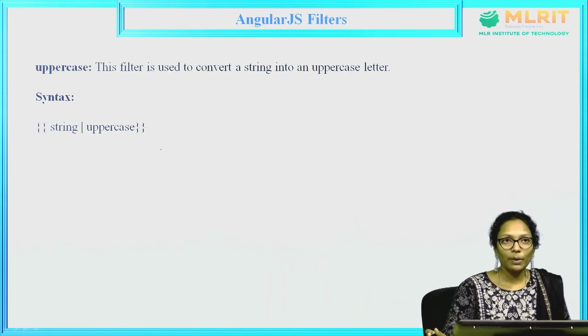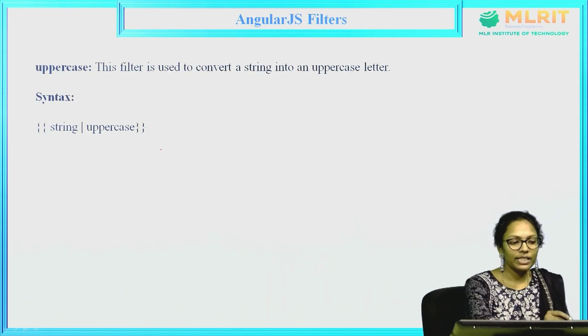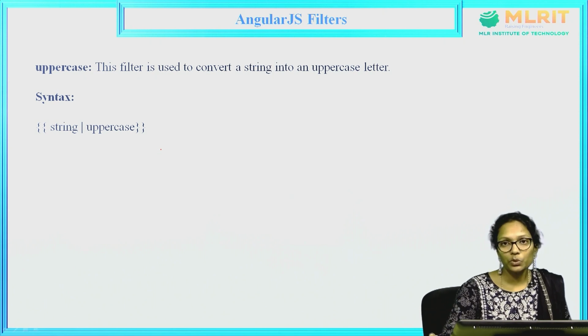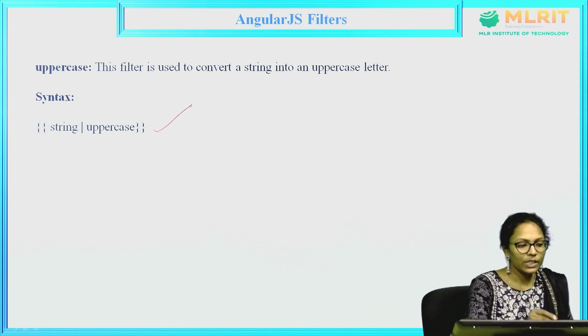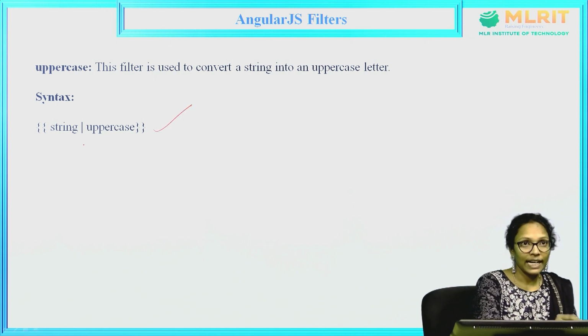Coming to the uppercase filter. The name itself tells that it is used to convert lowercase letters into uppercase letters. If your text has any lowercase letters, they will be converted into uppercase. This is the syntax for uppercase.